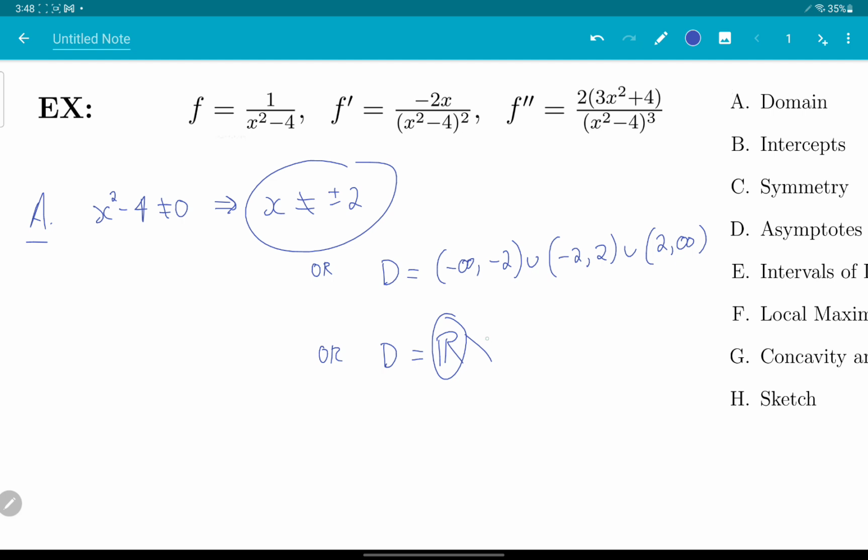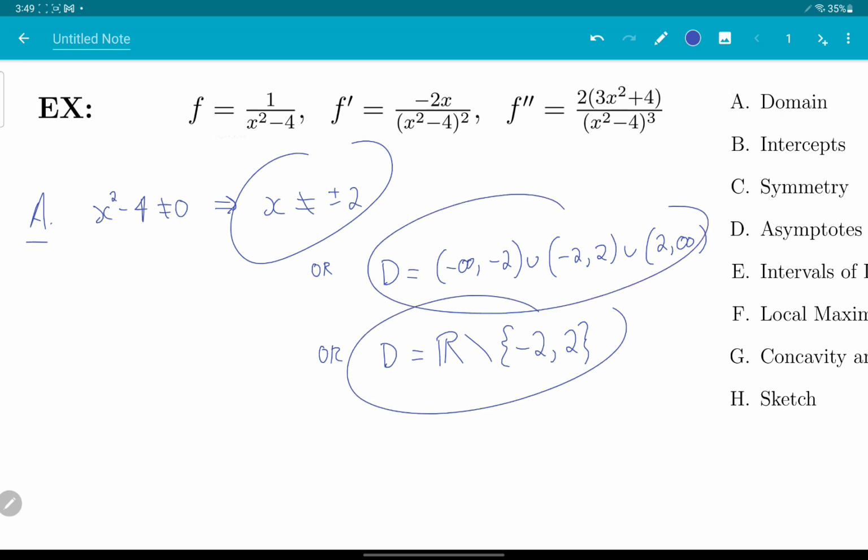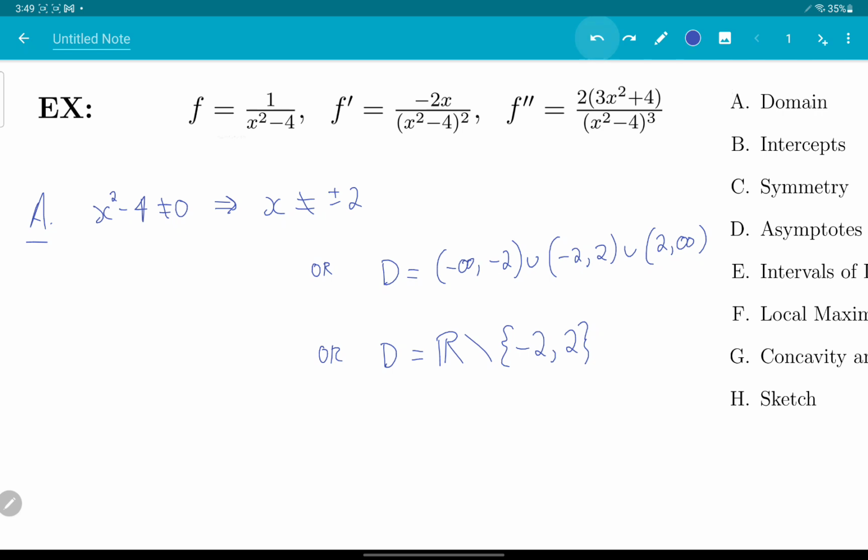So real numbers, but exclude, use a brace. If I can draw a brace, wish me luck. Oop, pretty good. Minus 2, 2. So 1, 2, 3 ways of writing the same thing. I have no preference.